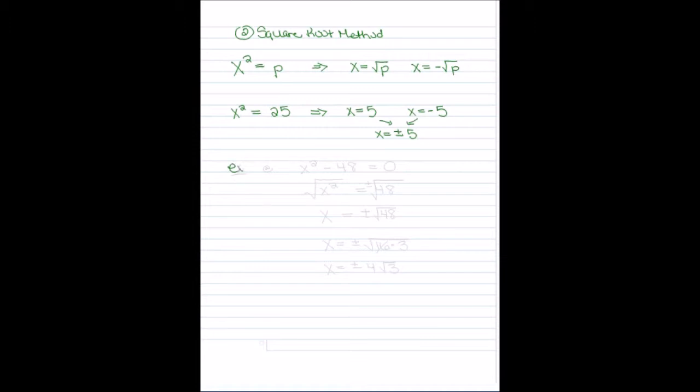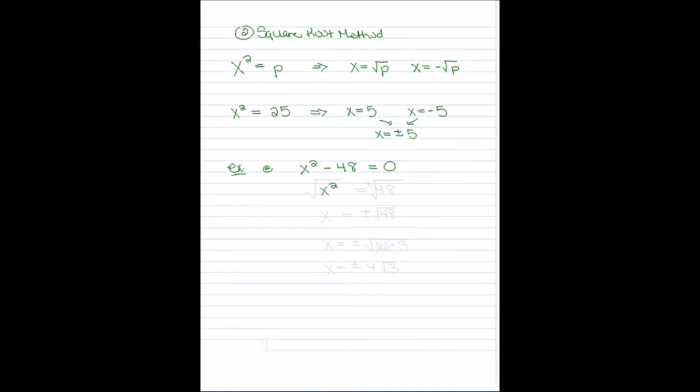So let's look at an example where we can utilize the square root method. If I had something like x squared minus 48 is equal to 0, and I'm told to solve it, what I'm going to do is try to isolate the thing that's squared, which is the x.